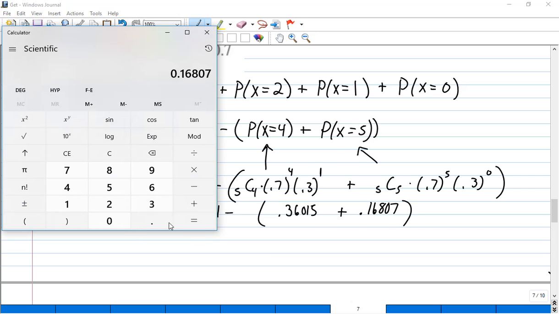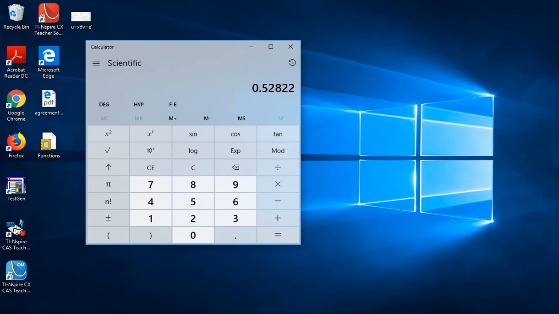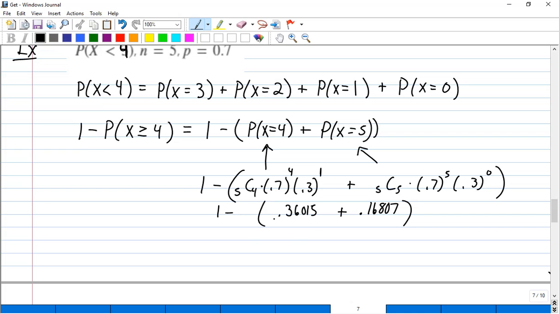So I'm going to say 0.36015 plus 0.16807. So that's those two added together. And then I need to say 1 minus that.